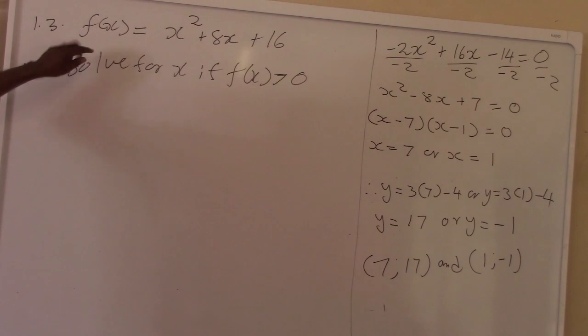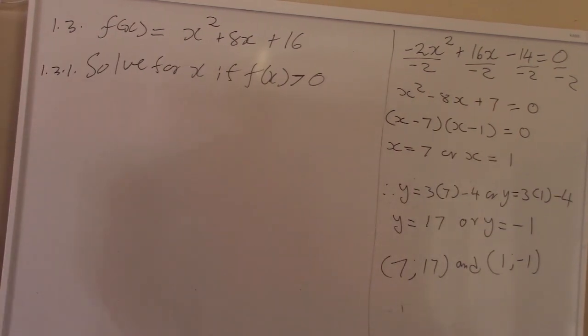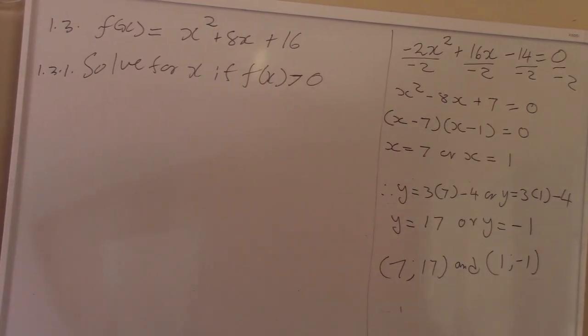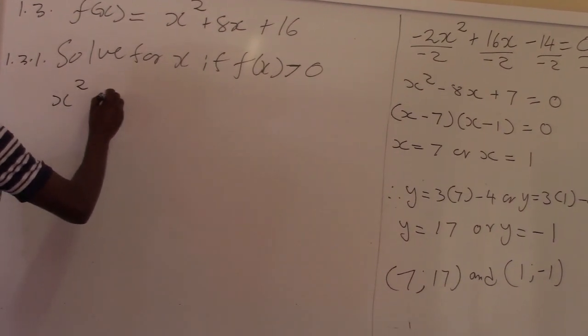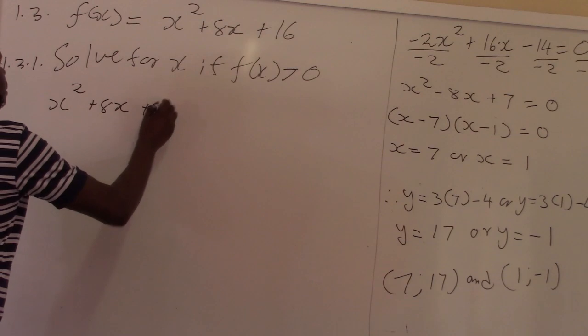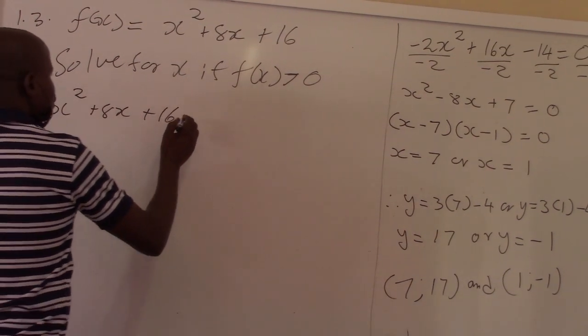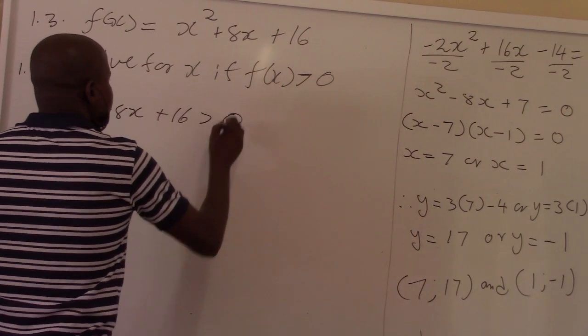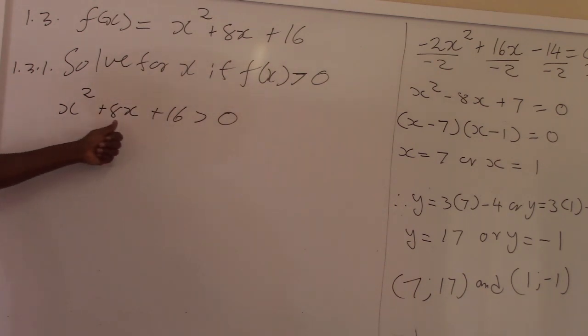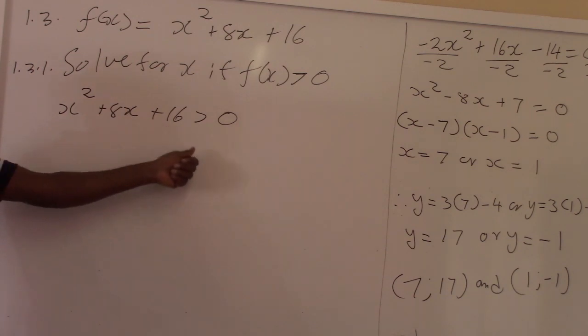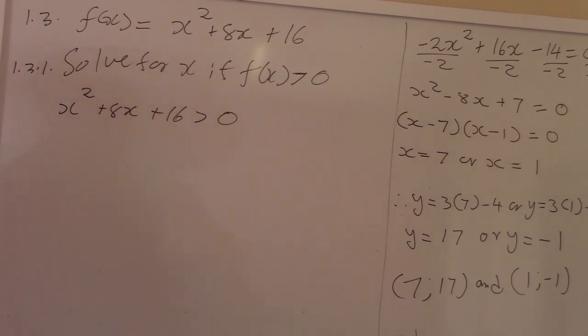So this one, it's all about the inequality. So what is our f of x? Our f of x, it's x squared plus 8x plus 16 is greater than 0, because that is equal to f of x. So in short, they were saying we have to have the x squared plus 8x plus 16 give us greater than 0.